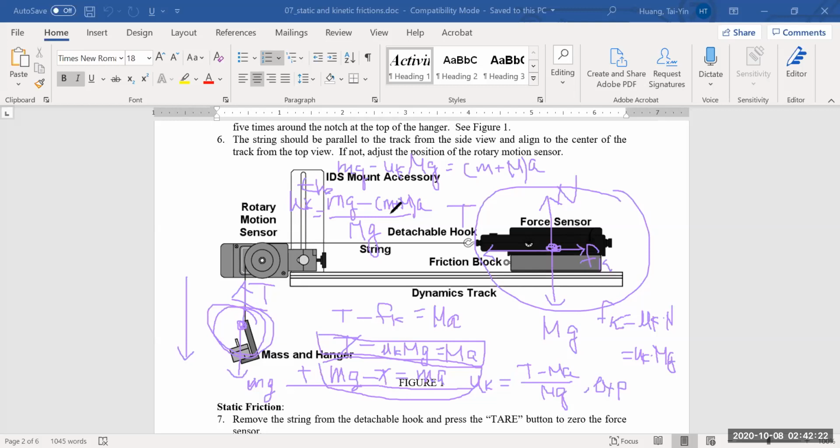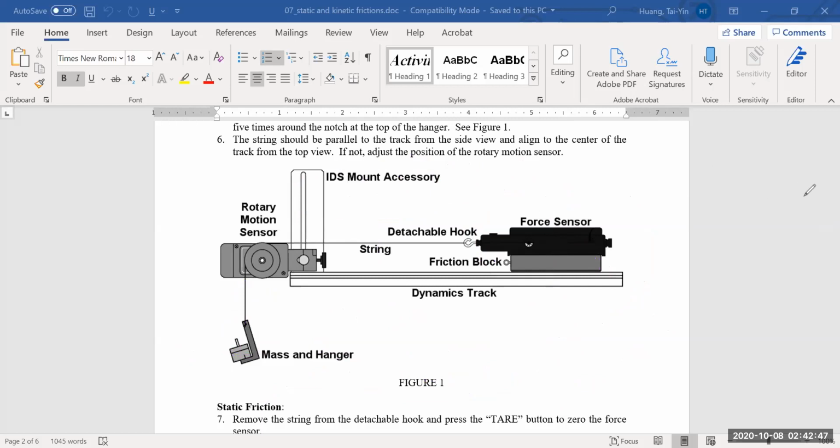So again, when you do this, everything has to be in SI units. This is the little m, this is capital M. They are different. They have different contexts. They have different values. So make sure that you don't use the wrong numbers. Okay. And A, of course, is the same A here that you'll be given the values to find the average value. Okay. So that's basically what you're going to do.